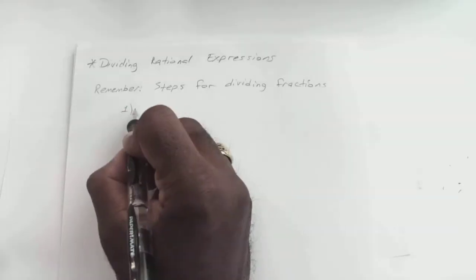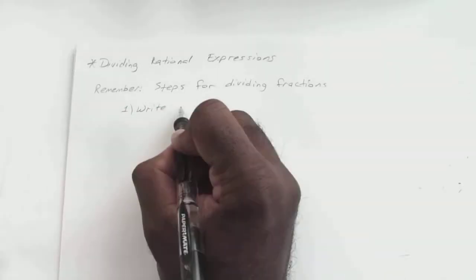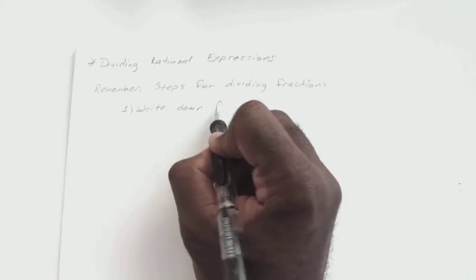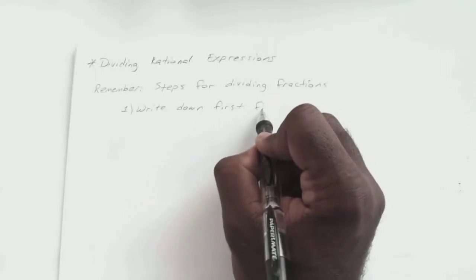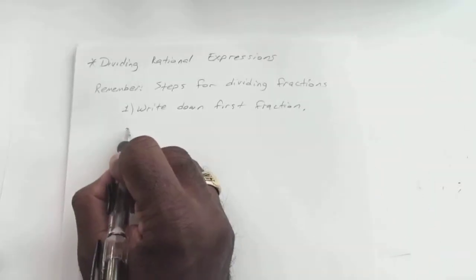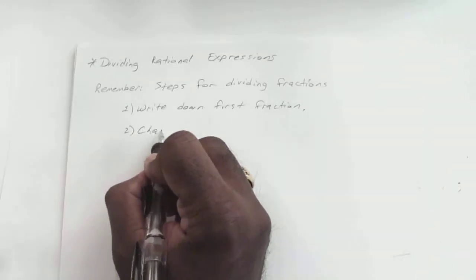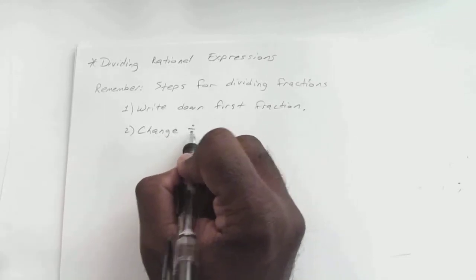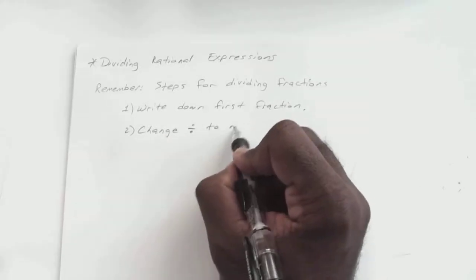The first step, you're going to write down the first fraction. Now your second step, you're going to change your division sign to multiplication.